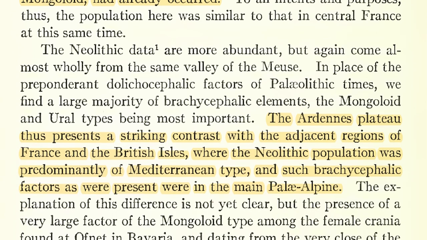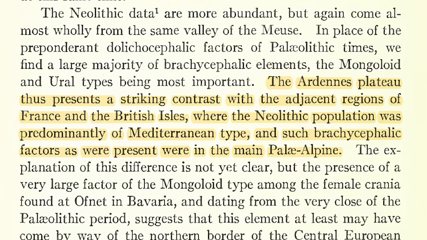So let's drop down a little bit. The Ardennes Plateau thus presents a striking contrast with the adjacent regions of France and the British Isles, where the Neolithic population was predominantly of Mediterranean type, and such brachycephalic factors as were present were in the main Palealpine.